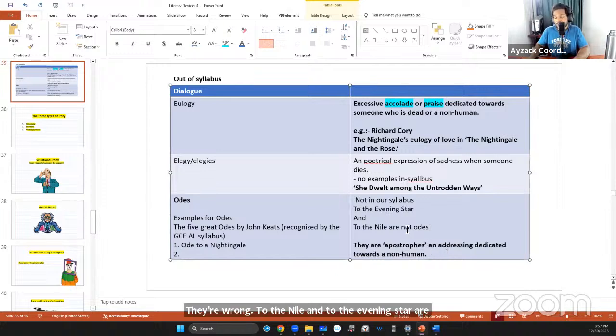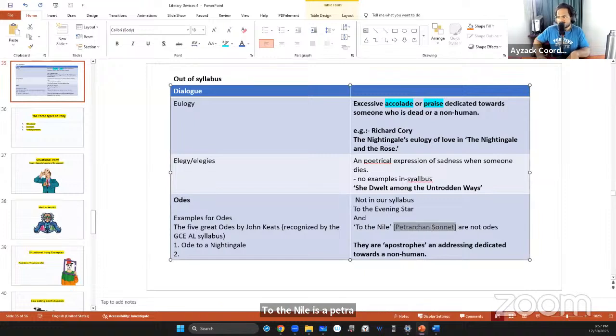And To the Nile is actually a Petrarchan sonnet. To the Nile is the only sonnet in our syllabus. To the Evening Star is not a sonnet. To the Evening Star is not recognized as a sonnet because it does not have a formal rhyming scheme. To the Nile is a Petrarchan sonnet. It is recognized as a Petrarchan sonnet, really valuable.